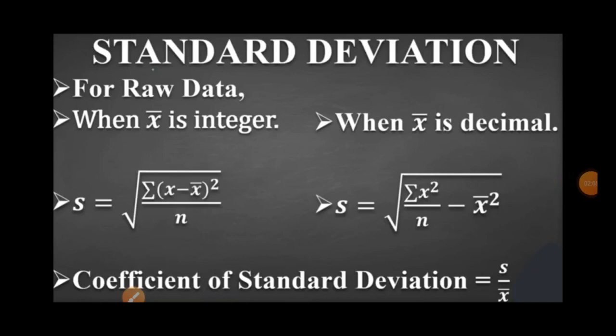Now, the formula for standard deviation. If raw data is given, there are two methods. First you have to find x bar.